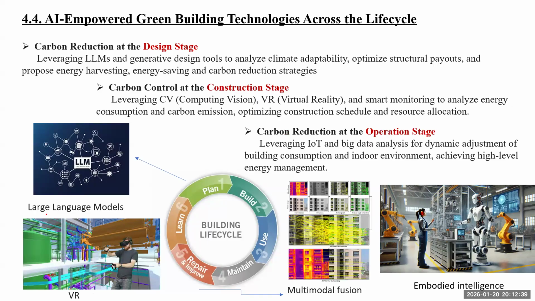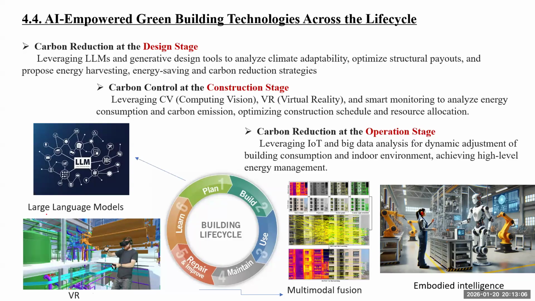For the operation stage, we also have repair and improvement, with different tools like multi-modal fusion techniques to detect problems. Drones are now very popular for detecting defects and failures of our buildings.